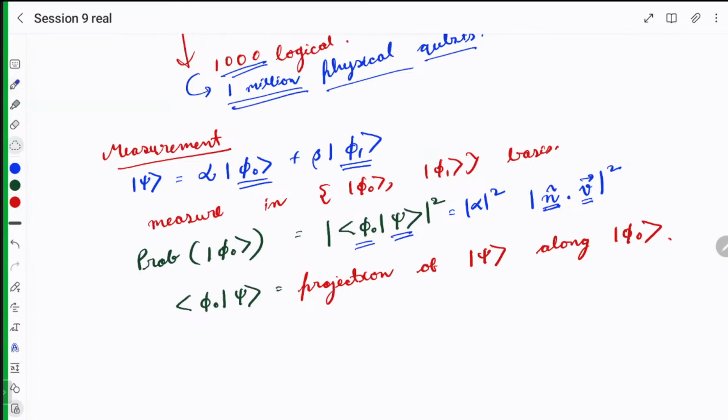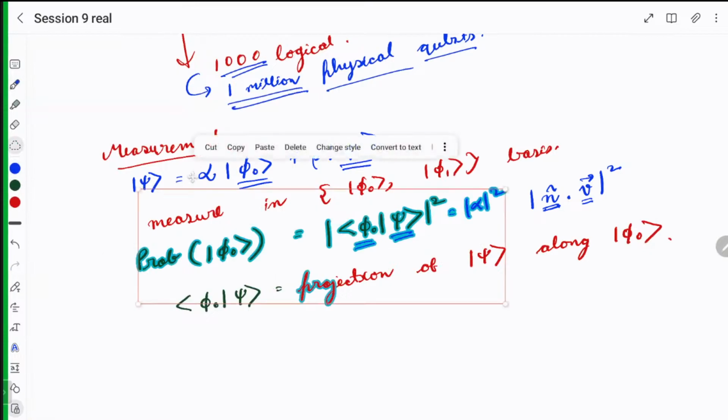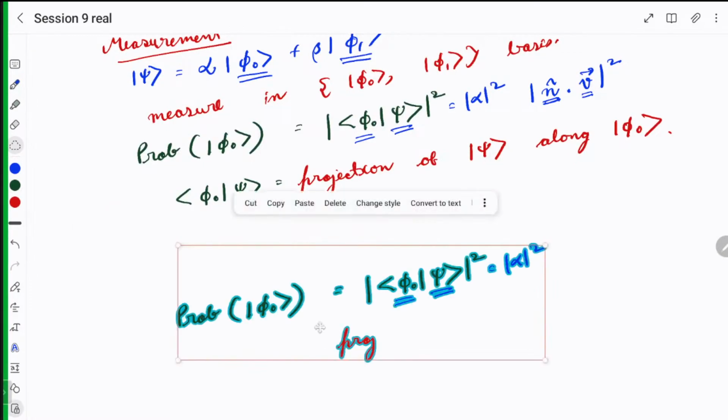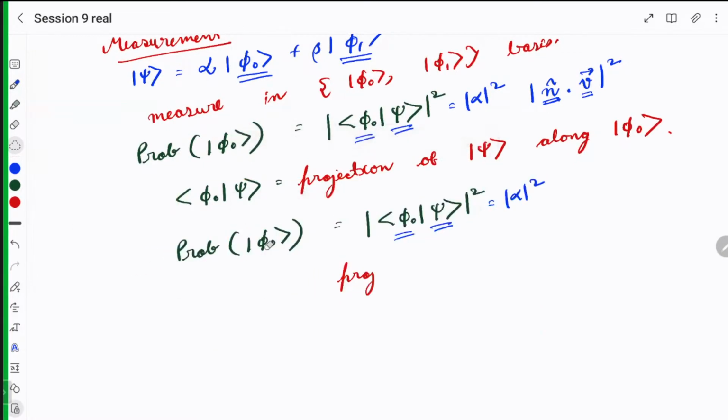And in a similar sense, you can say that the probability of phi 1 will be nothing but the projection along phi 1, and mod squared.